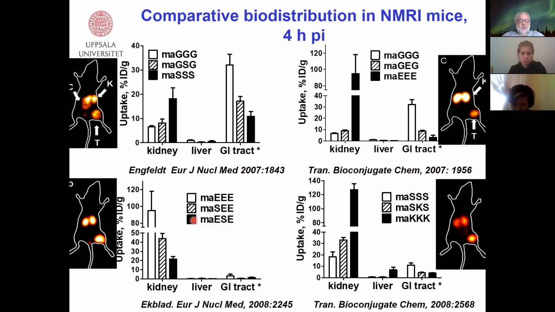But when we used the variant containing mercaptoacetyl glutamate, serine, glutamate, exactly the same amino acids but in a different order, the kidney uptake was reduced further, nearly twice compared with its counterpart. It's completely excluded that it's an experimental artifact.